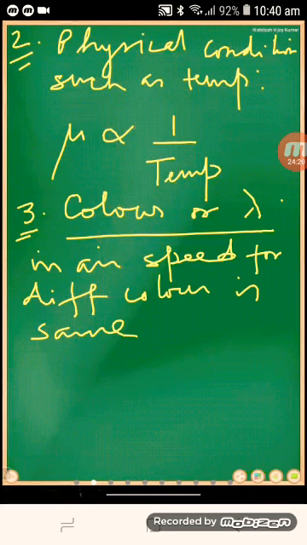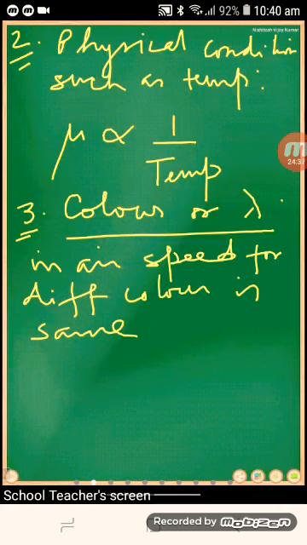Now why is this band appearing? This is appearing because while passing through the glass, the speed of different colors is altered, or the speed of different colors is different.